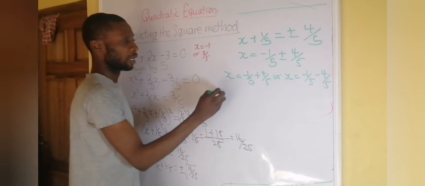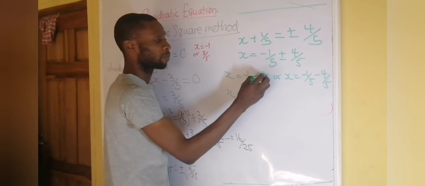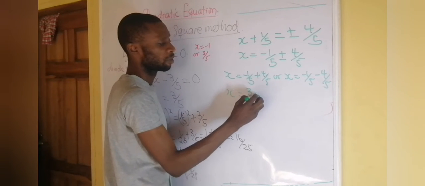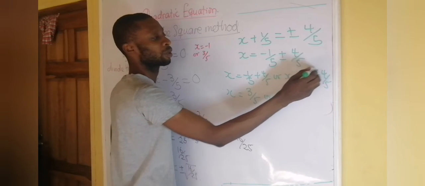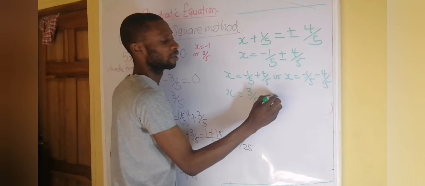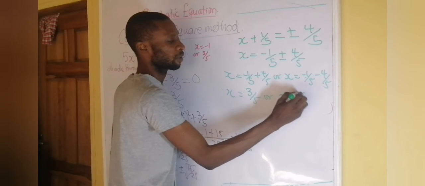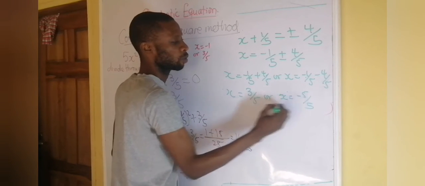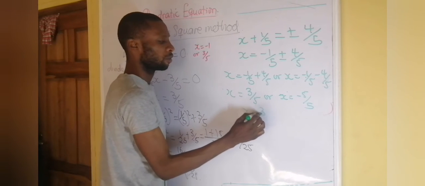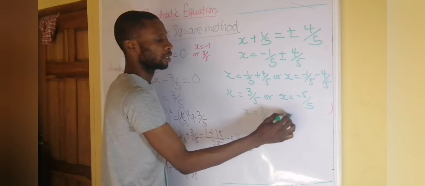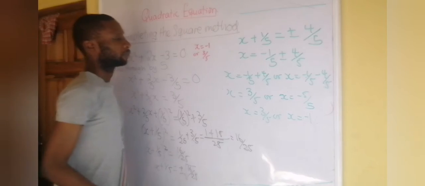So we have x equal to minus 1 over 5 plus 4 over 5 is 3 over 5, or minus 1 over 5 minus 4 over 5, that's minus 5 over 5. So we have x is equal to 3 over 5, or x is equal to minus 1.